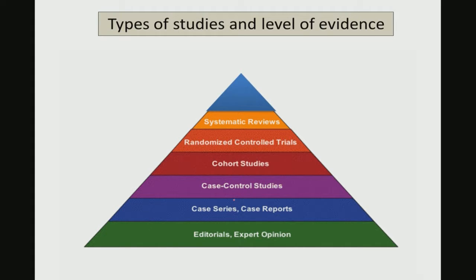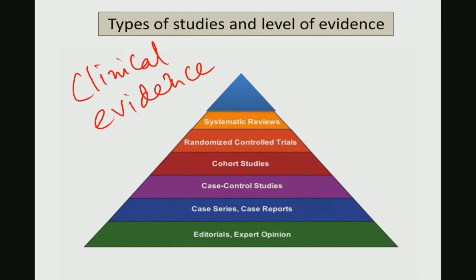Now, the types of studies and levels of evidence. In clinical trials, one of the very important things is the clinical evidence. Many clinicians, when they do their higher studies or postgraduate studies or masters, normally have research projects that mostly involve evidence based research.